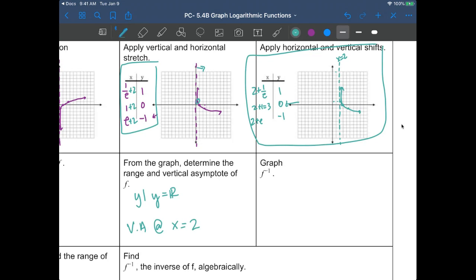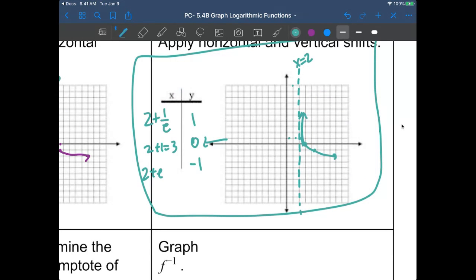Now we're going to go ahead and graph the inverse of our function. So what we're going to do is reflect it over the line y equals x, or remember each one of these points are just going to be reversed.